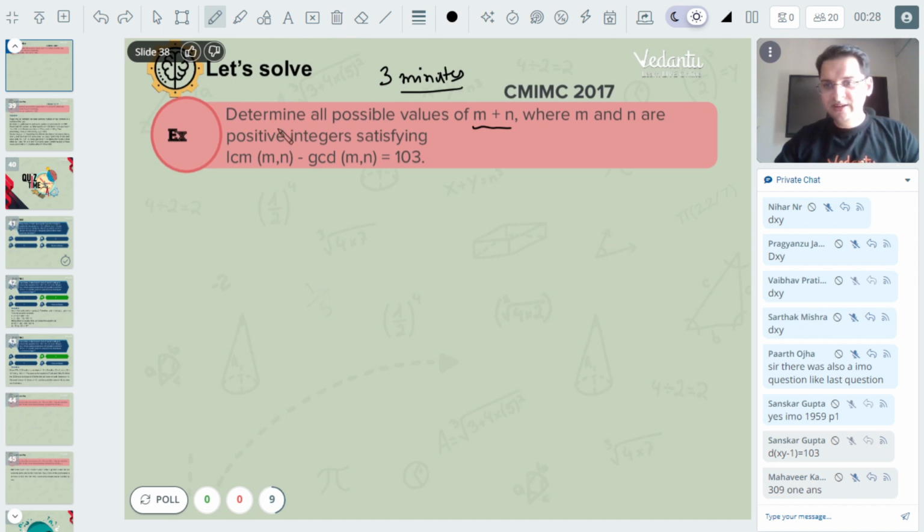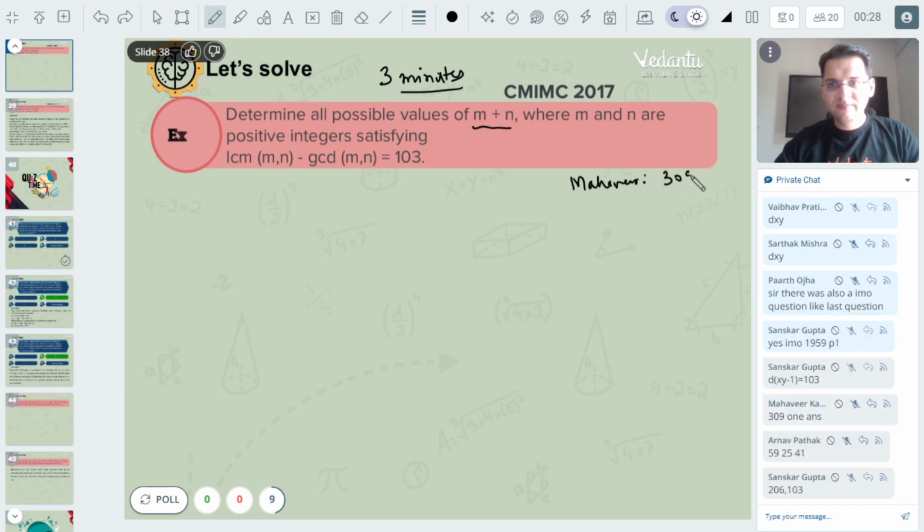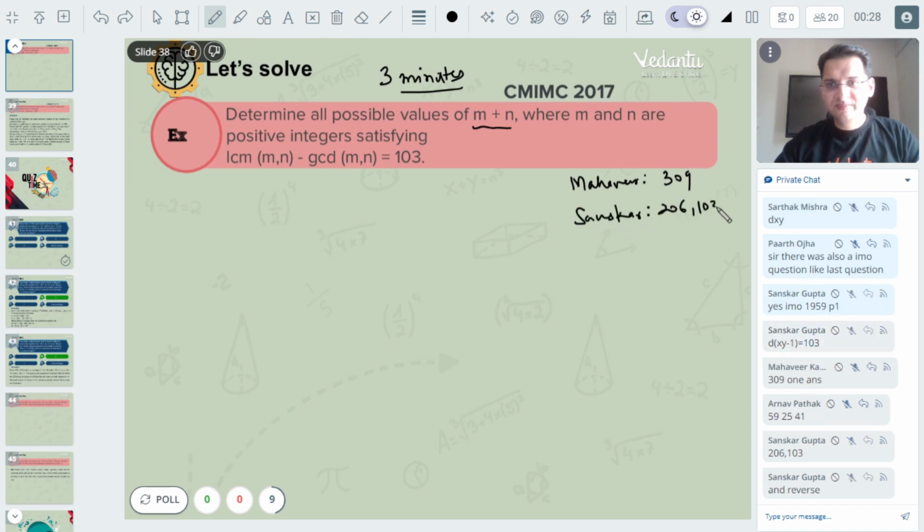Okay, so Mahavir, Sanskar says 206, 103.